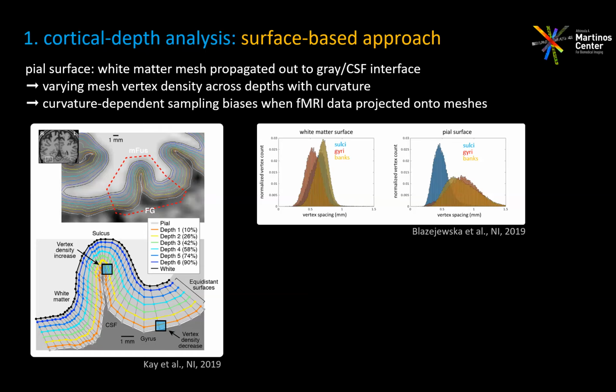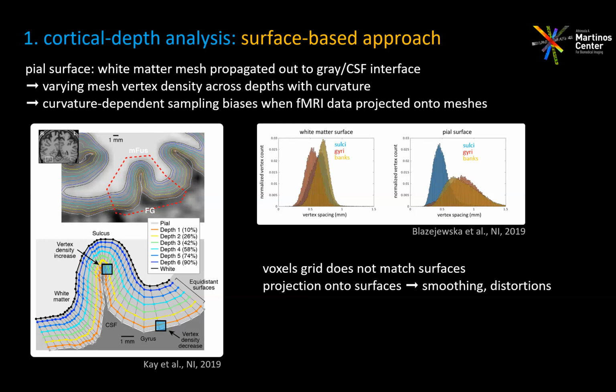Okay, so this is one of the examples of this downside, that the voxel grid doesn't really match the surfaces. And so when we're projecting data on the surfaces, we're introducing some smoothing, we're introducing some shifts, distortions maybe is not the best word because it refers to immediately different topics, but I think you know what I mean.